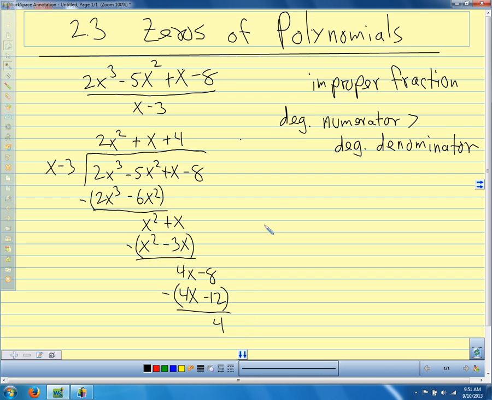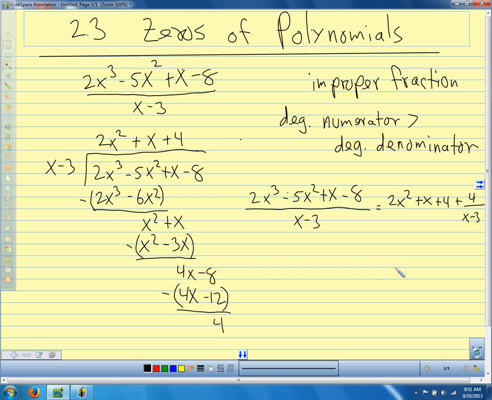So what this tells me is that 2x to the third minus 5x squared plus x minus 8 divided by x minus 3 equals 2x squared plus x plus 4, plus 4 over x minus 3.